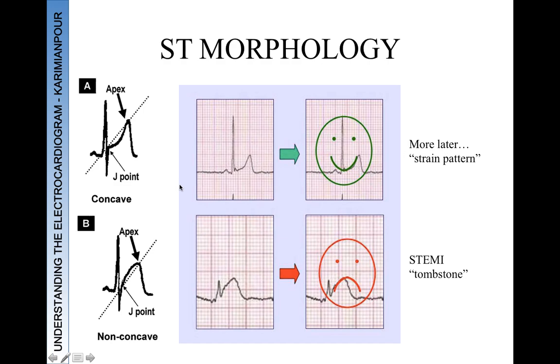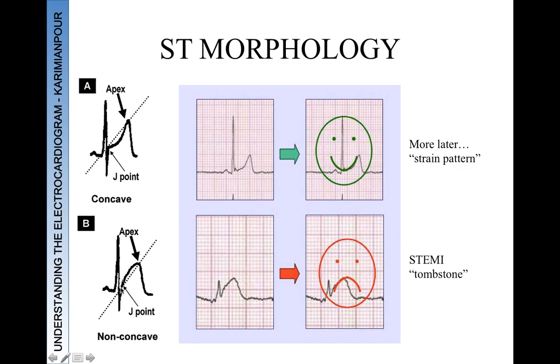With the exception of the inferior leads, because most times you'll see this sort of concave ST elevation in the inferior leads with an inferior MI. This is talking about the anterior leads.